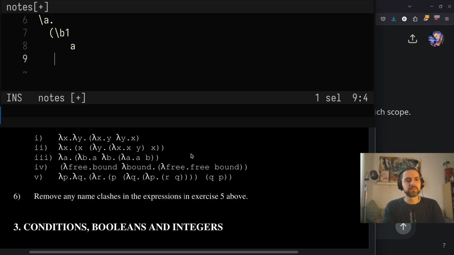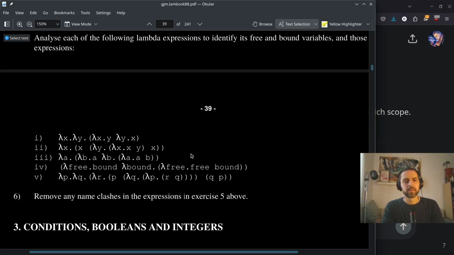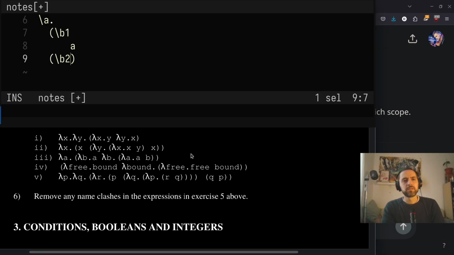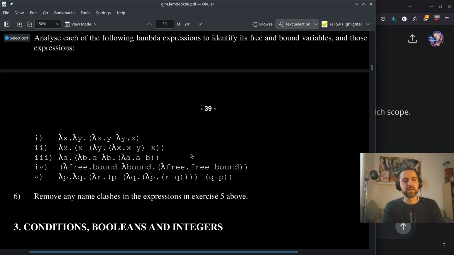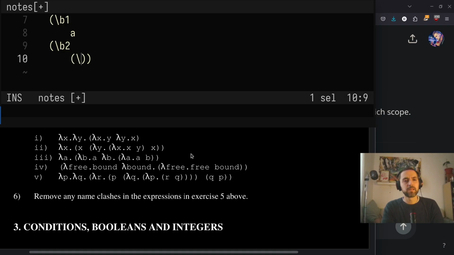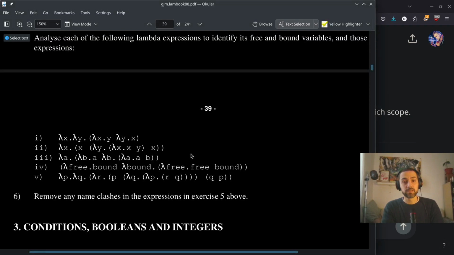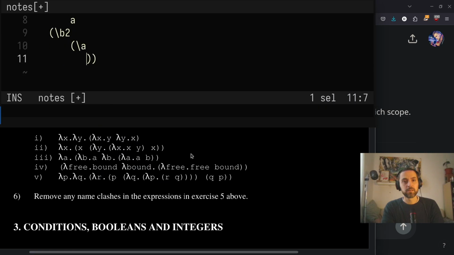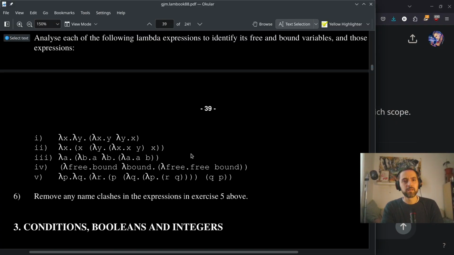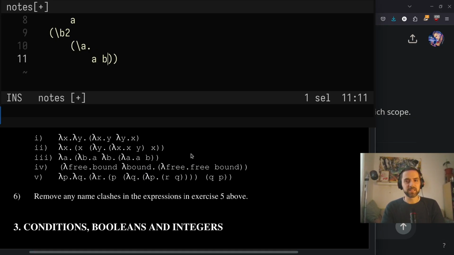Right, it should be like this. Almost like this. Lambda B2 dot, like this. Lambda B2. And now lambda A dot. Okay, lambda A. Okay, look at this. Lambda A dot A B. Right, now it makes sense.